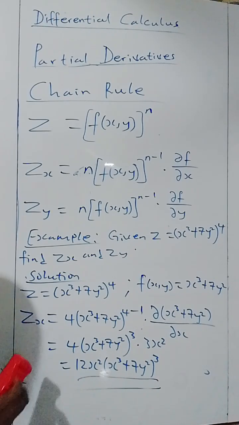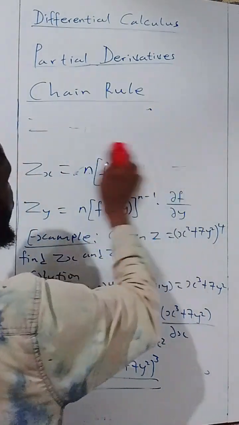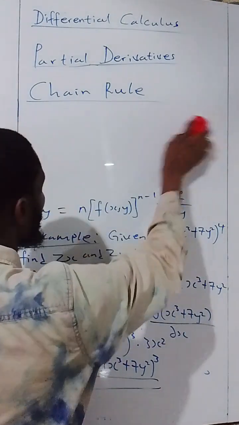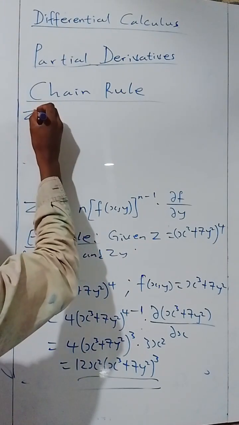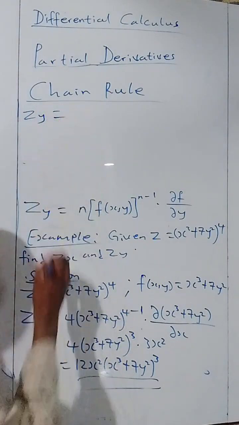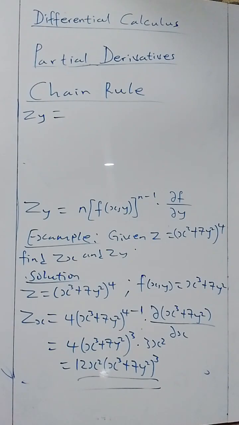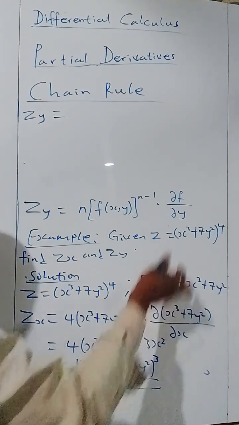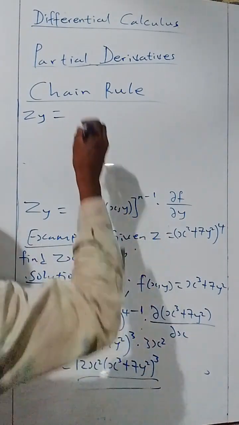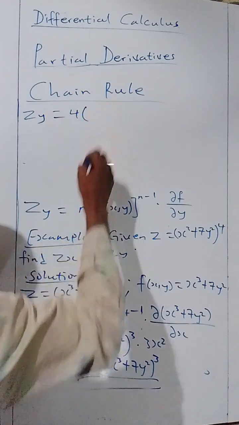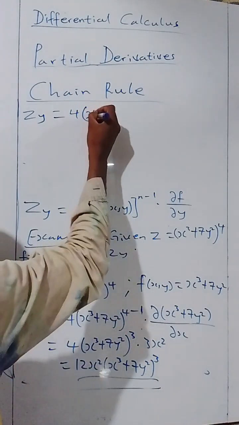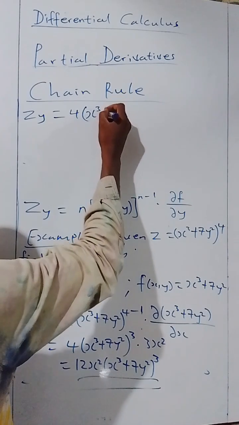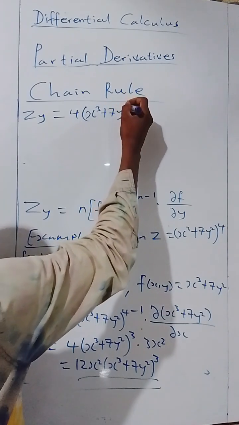We also need to find the partial derivative of z with respect to y. To do that, we follow the same process. So the partial derivative of z with respect to y will be equal to: you bring down the power, you have 4. Then you have the function itself in the bracket, x raised to the power 3 plus 7y squared.